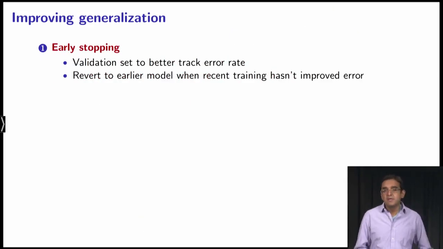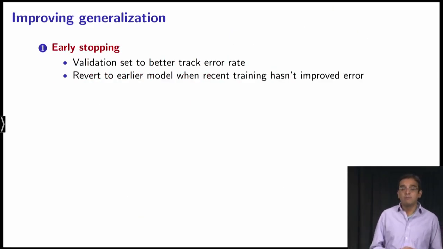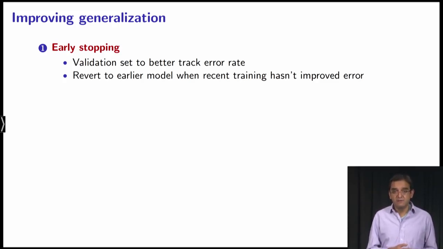Okay, so we're dealing with models that have a vast number of parameters, and where the loss function that we're optimizing is highly non-convex. So given these circumstances, we have to be a little bit careful in order to get a model that generalizes well. Okay?